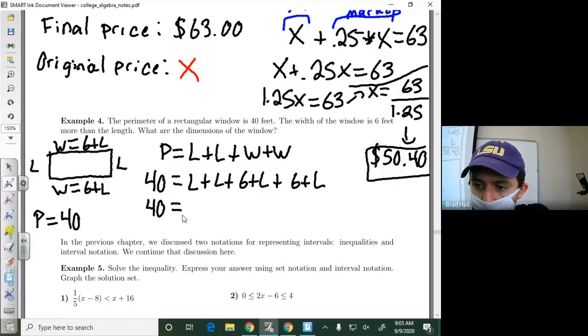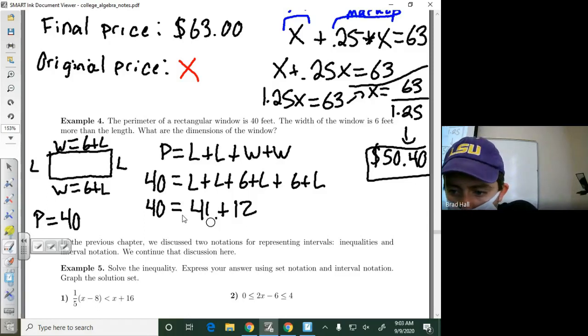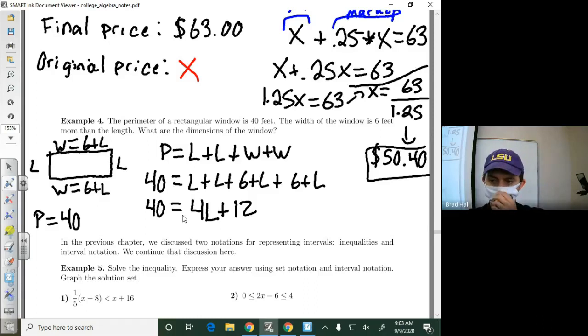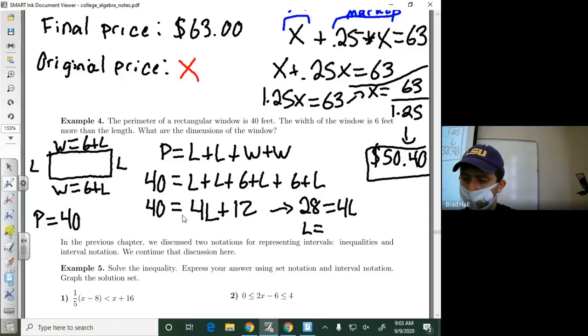So I count 4 L's, so I'll put 4L. I see a 6 plus another 6, which is 12. And then finally, I solve for L. It's a one-variable problem. So that will be 28 equal to 4L. So what is that, 7?